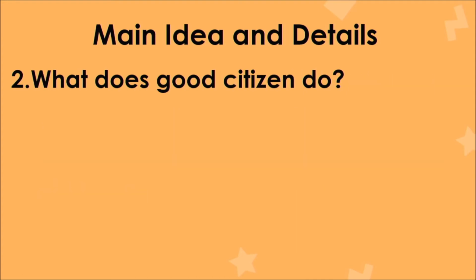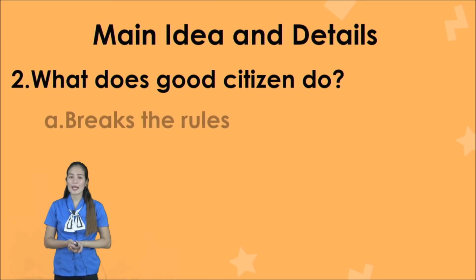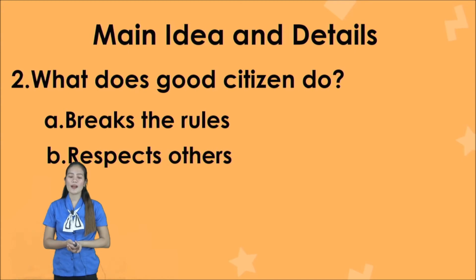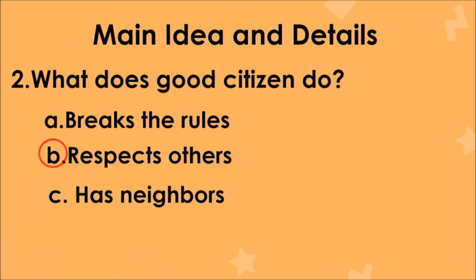Number 2, what do good citizens do? A, break the rules. B, respect others. C, have neighbors. The answer in number 2 is respect others. To be a good citizen, you need to respect others.